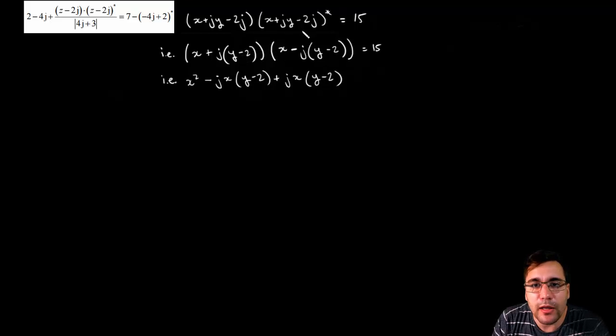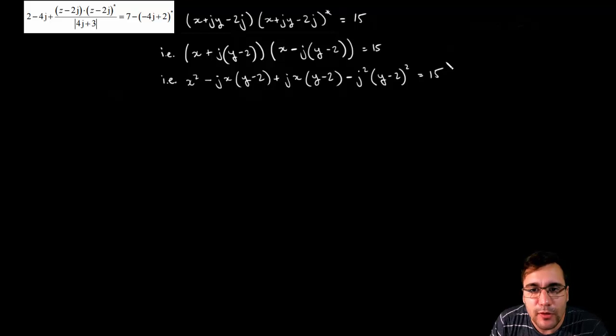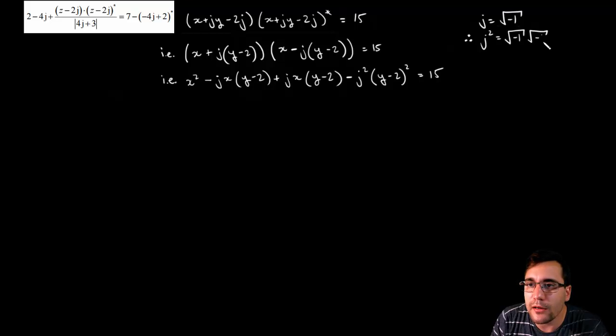And now we've just got to get these right-hand terms in both of those sets of parentheses together, which is going to be minus j squared (y minus 2) squared. And all of that is equal to 15. So the cool thing about a j squared, if you recall that j is equal to square root of -1, therefore j squared is equal to root -1 times root -1, which is equal to -1.